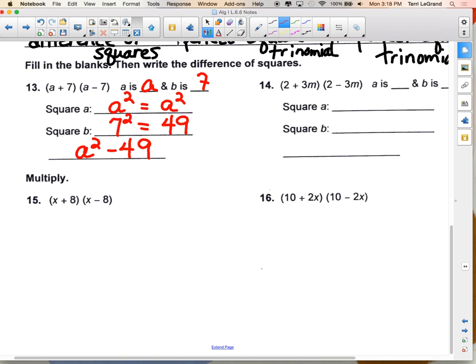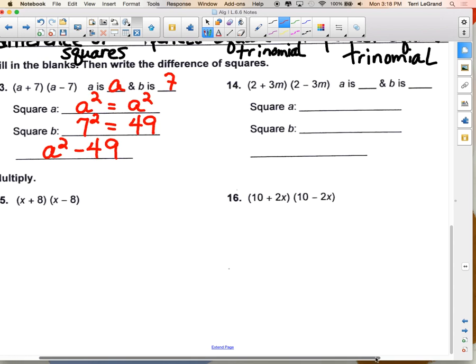Okay, how about in number 14? Perfect square trinomial or difference of squares? Difference of squares. A is 2, B is 3m. Okay, square A. Square B. 9m squared, because we have to put that 3m in parentheses, because it's 3m times 3m, right?